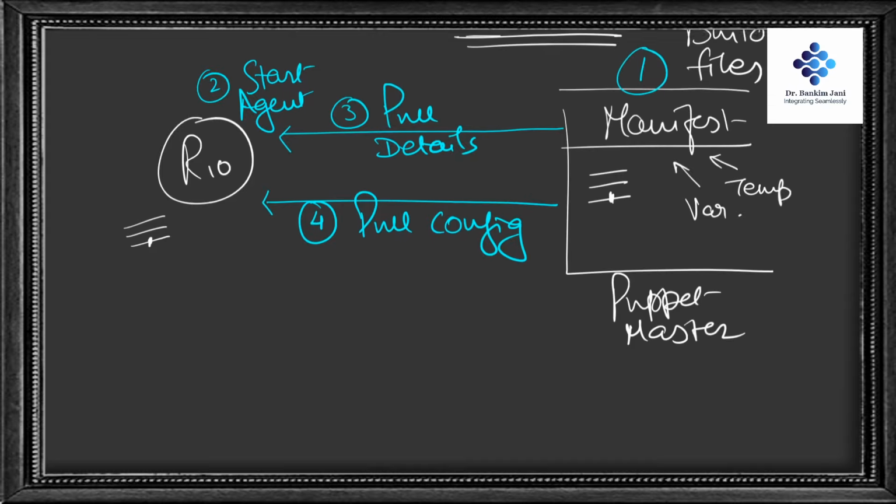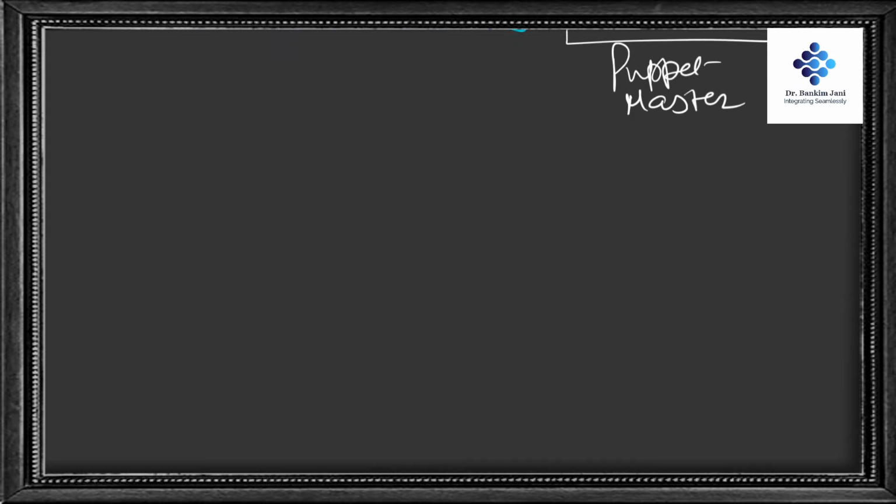The third network management or configuration management tool over here is Chef. When we say Chef, actually if you really cook food, the procedure which you follow, they will be following almost the same procedure.